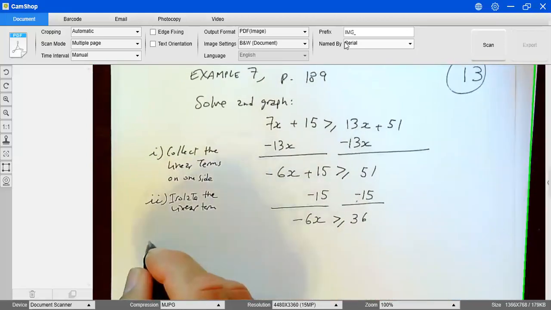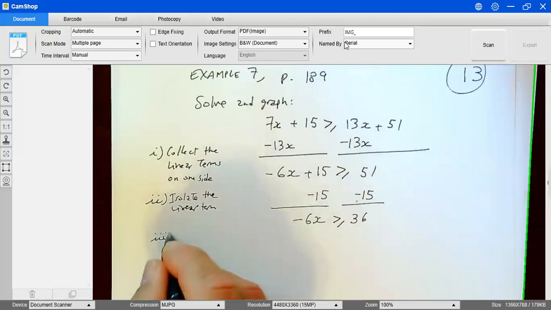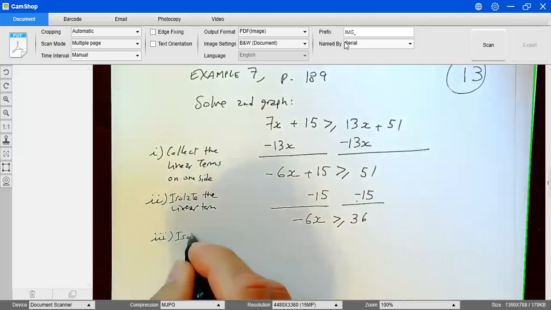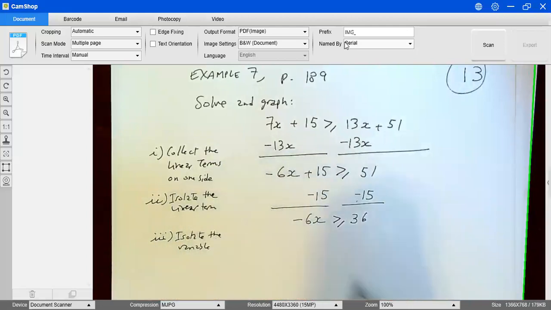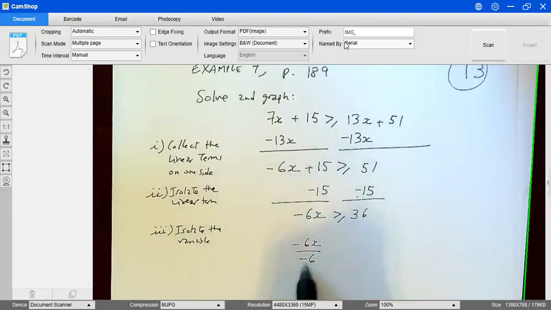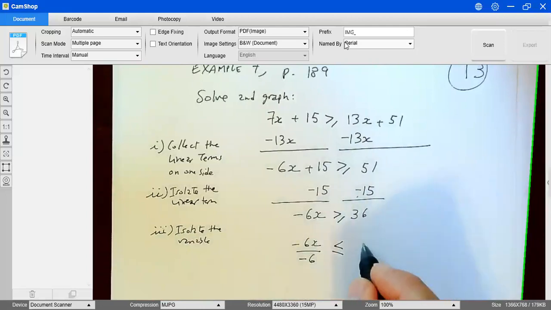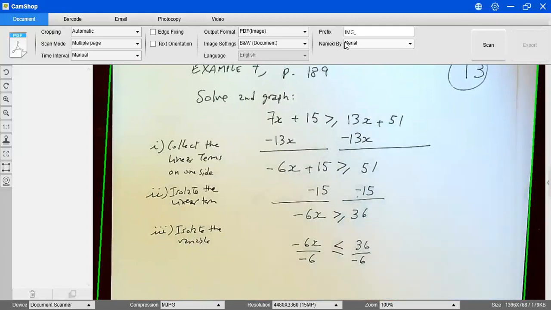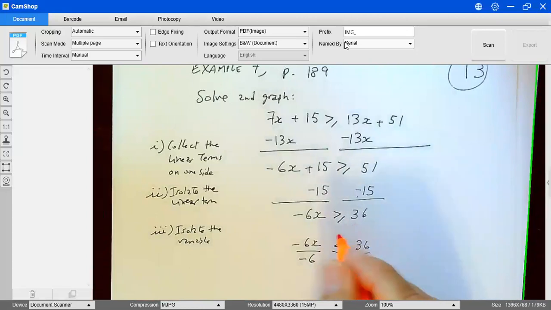Now we're going to isolate the variable by removing the coefficient. How do you remove a coefficient? You divide by the coefficient. So we're going to divide this by -6. But now we are dividing by a negative number, so we need to switch the symbol. So check this.